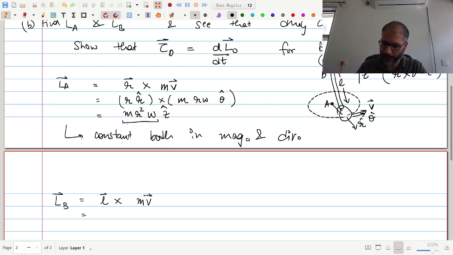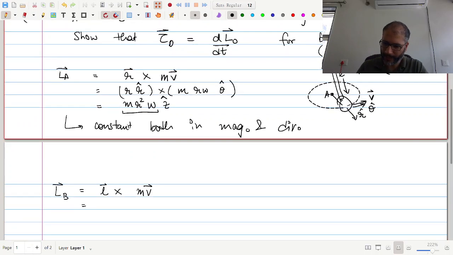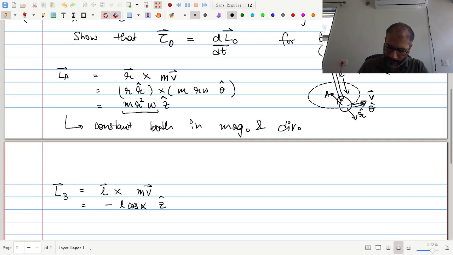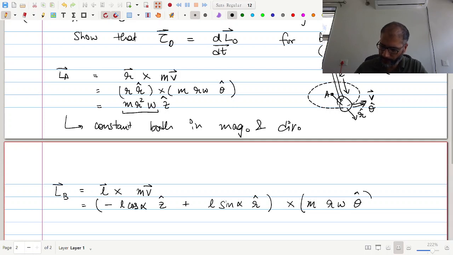Now with r hat, theta hat and z hat, we can write the vector L as a component in the z hat direction and a component in the r hat direction, and the velocity v is the same. So m r omega theta hat.